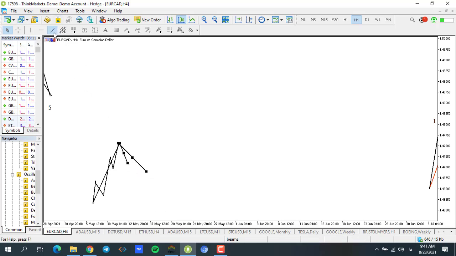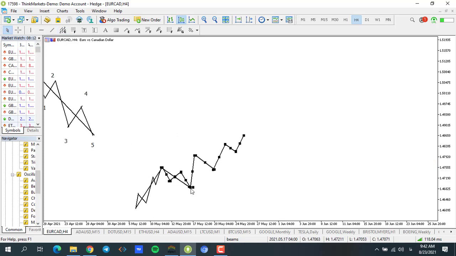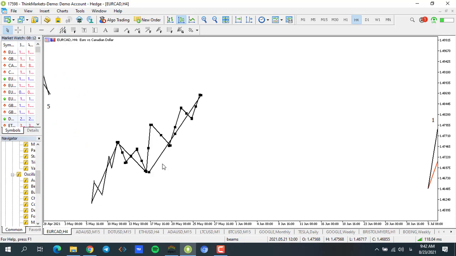We have 3 waves here and we label this as our second wave. Then we have again 5 waves. Again, we consider this as the third wave.